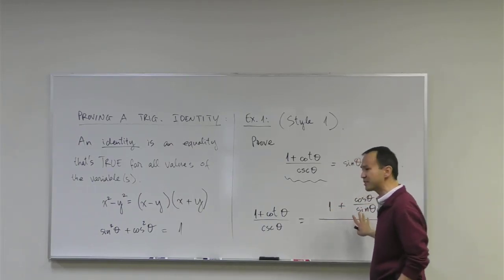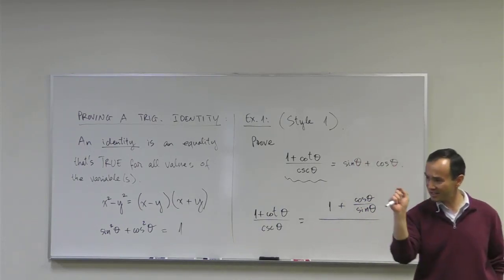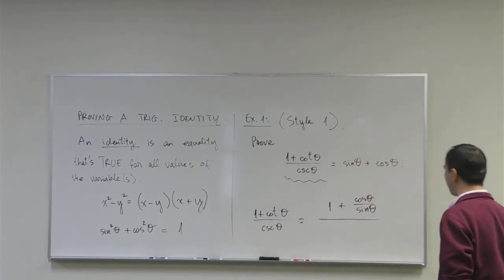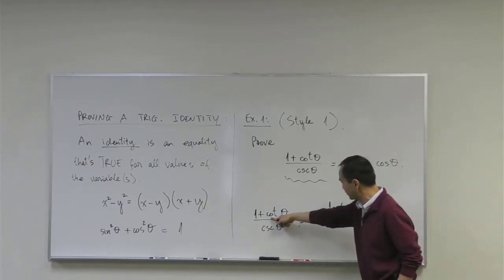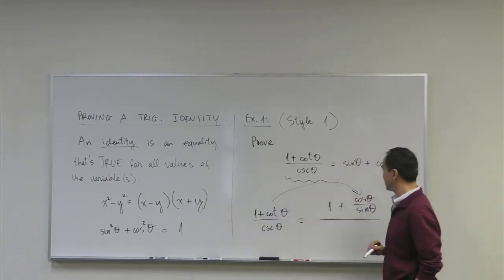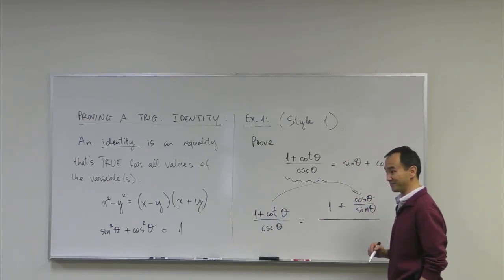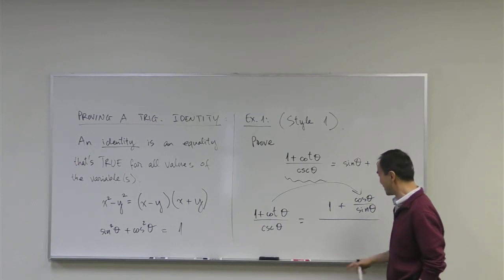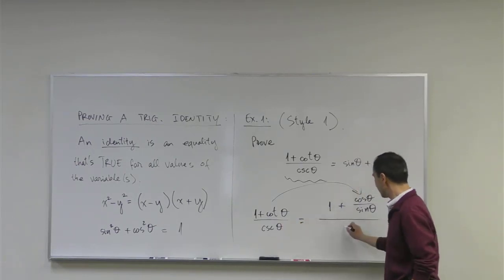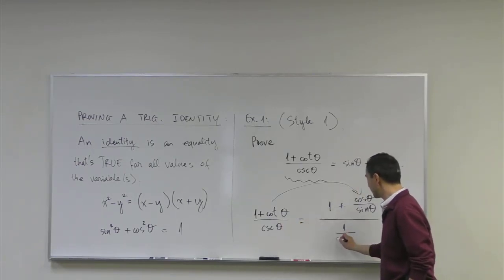It doesn't necessarily have to yet, but we have to keep working it out, and eventually we're going to find some way to simplify it down. So right now, the best I can see is cotangent can be written as cosine of theta over sine of theta. And remember again, don't cancel out the theta. The cosecant is the same as 1 over sine of theta.